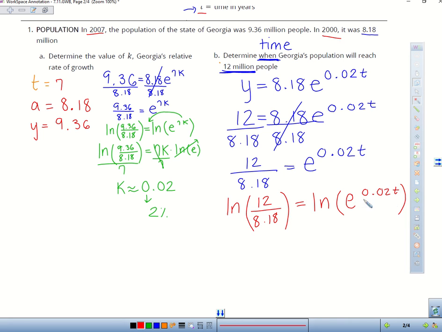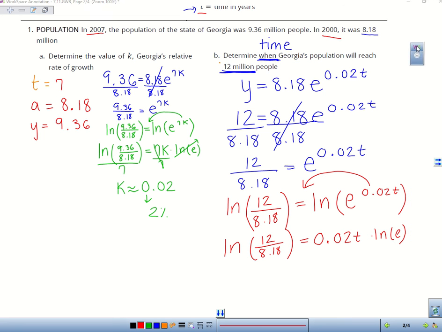What's going to happen with this exponent here? Out front. What is ln of e? So I can finish it off by just dividing. So t is approximately equal to, I'm going to have to type this in my calculator to figure that out.